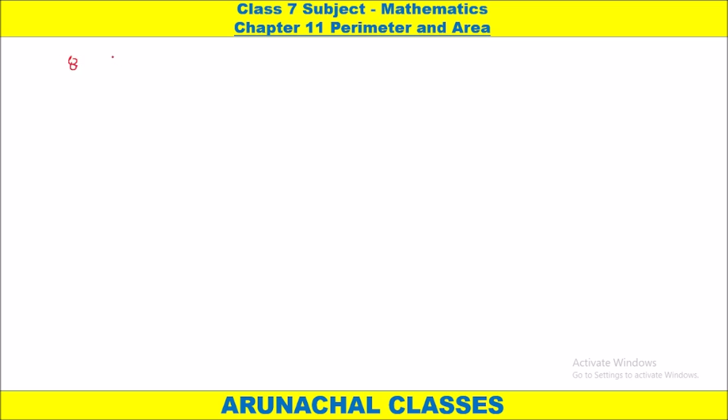Here we have question number 8. Triangle ABC is an isosceles triangle with AB equal to AC, two sides are equal, that is 7.5 centimeter, and BC is equal to 9 centimeter.